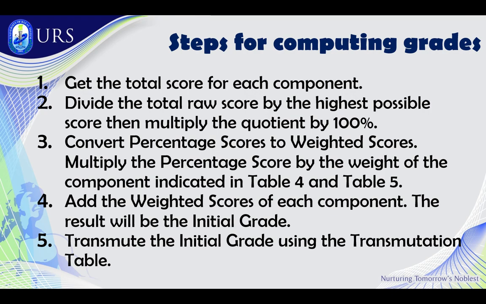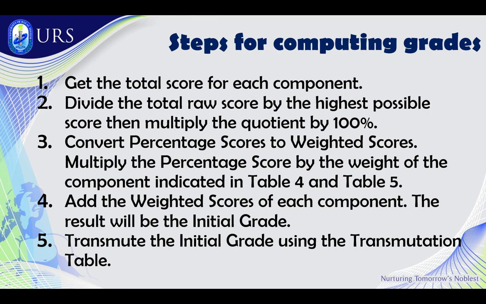So, steps for computing grades. Ano nga ba yung step by step? So, number 1 is to get the total score for each component. Katulad po ng sinabi ko kanina, kailangan po talaga makuha po natin yung score ng bawat pinapagawa natin sa bata. So, number 2, divide the total raw score by the highest possible score, then multiply the quotient by 100%.